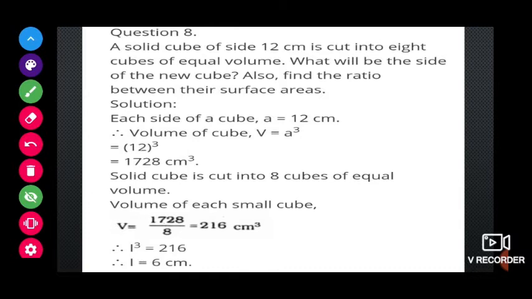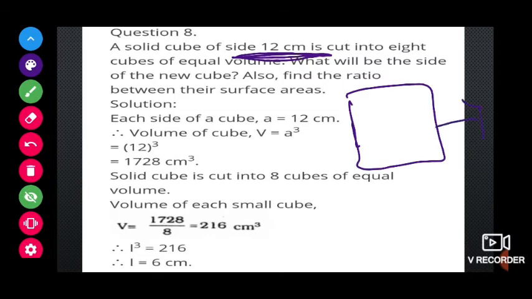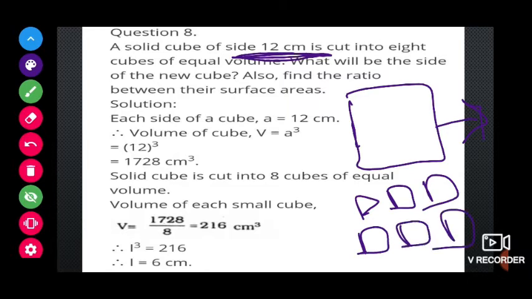Okay children, if we take the volume of the bigger cube, that volume will be divided among all the 8 cubes. So if we find the volume of the smaller cube, this is the big cube, and they will cut it into 8 small cubes.